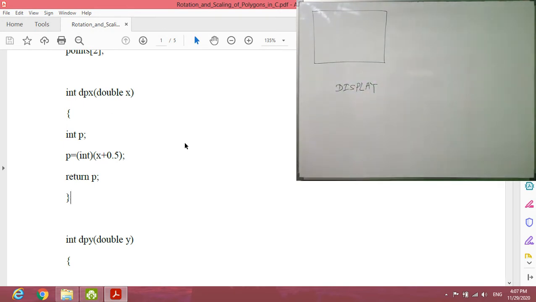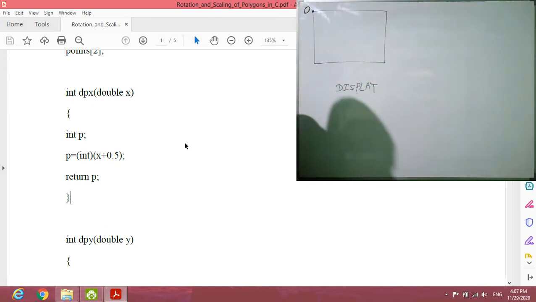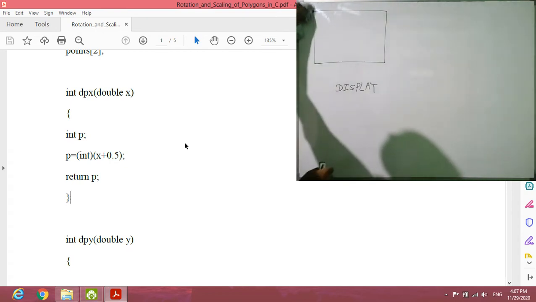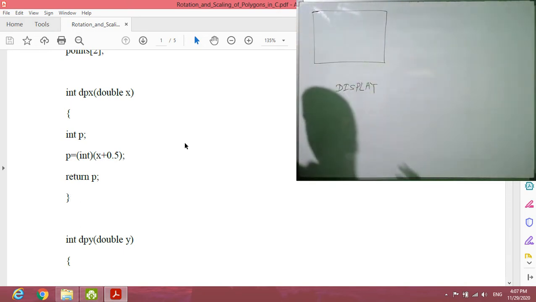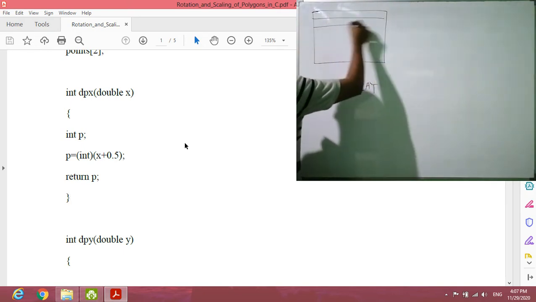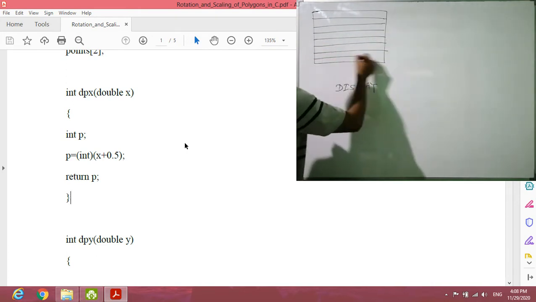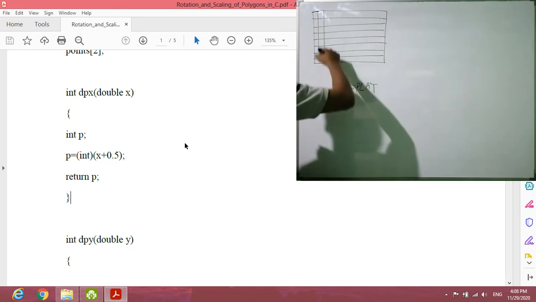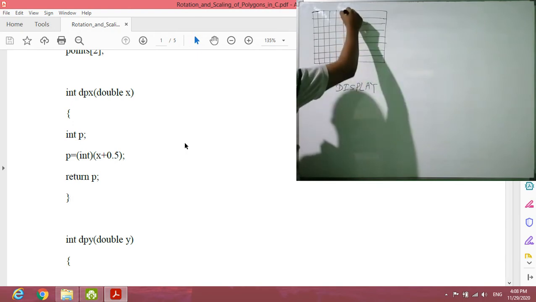When I use this particular C programming code, in the graphics environment the origin was here. That means the graphics display is something like this, so you have rows and columns, a large number of rows and a large number of columns.